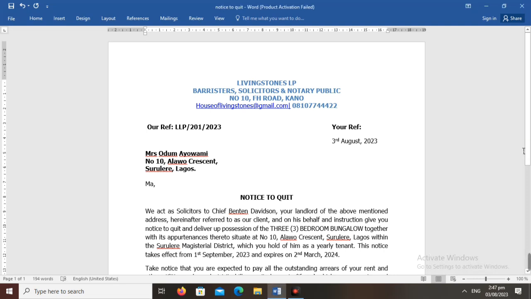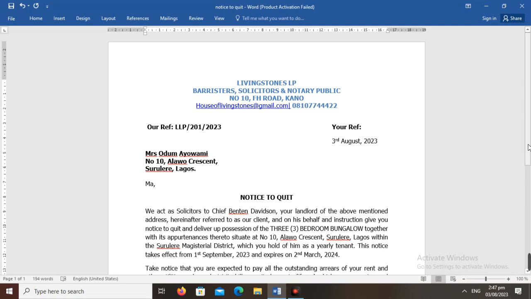So the lawyer is saying, we act as solicitors to Chief Benton Davidson, your landlord, of the above mentioned address, hereinafter referred to as our client, and on his behalf and instruction give you notice to quit and deliver up possession of the 3-bedroom bungalow together with its appurtenances thereto, situated at number 10 Alawo Crescent, Surulere, Lagos, within the Surulere Magisterial District, which you hold of him as a yearly tenant. This notice takes effect from 1st September 2023 and expires on 2nd March 2024.